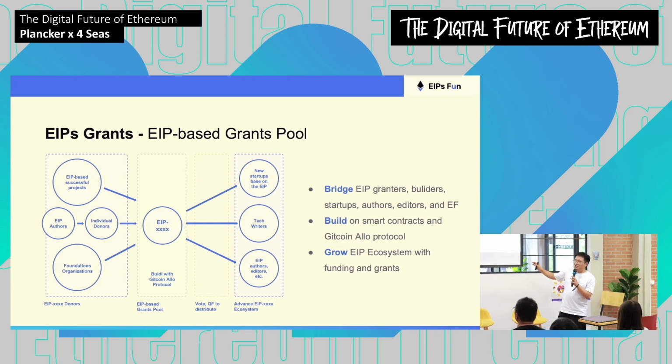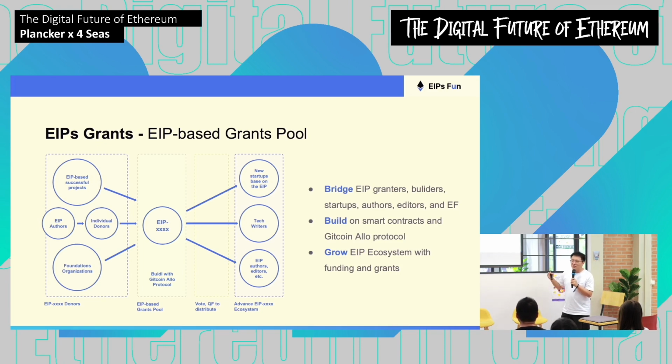In the future, donors can put grant donations into the grants pool, and then we will distribute them to EIP supporters, like new startups based on this EIP, tech writers, EIP authors, and editors who contributed to this EIP and the ecosystem.